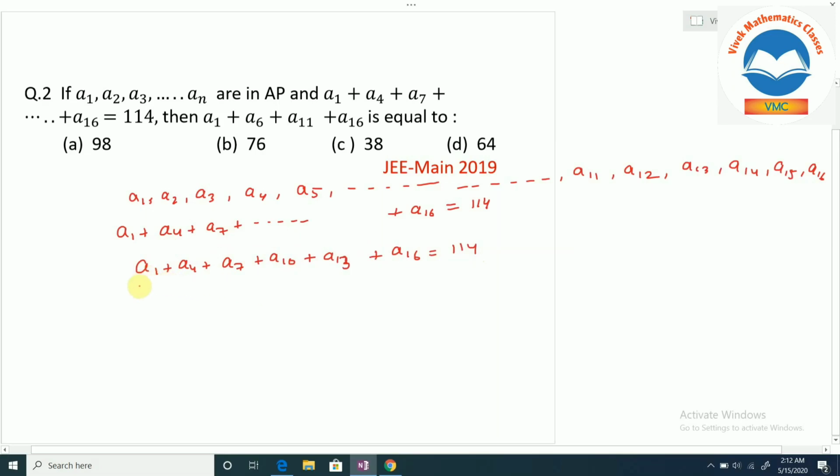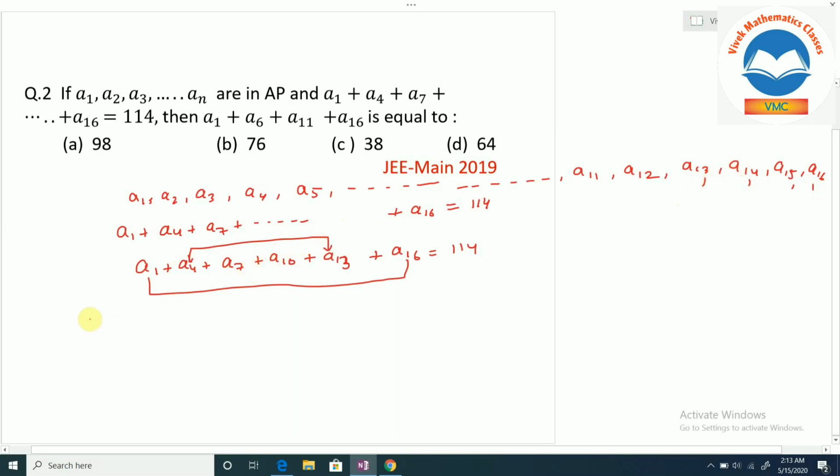Okay, if you see this, first term plus last term will be equal to fourth term plus 13th term. Fourth term from the starting and fourth term from the last. This A13, if you start from the last, 1, 2, 3, 4, is the fourth term from the end.